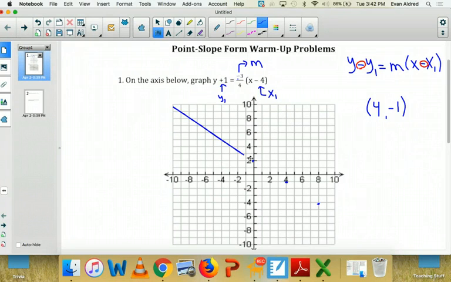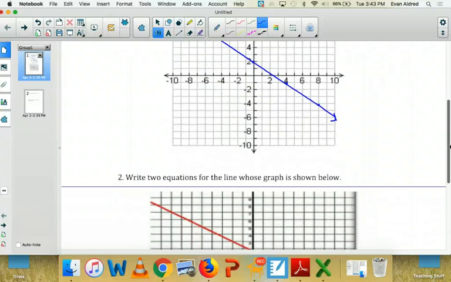We extend our line, as we've always done while graphing, and we remember to put arrowheads on the end. And just like that, we've plotted a line for y plus 1 equals negative 3/4 (x minus 4). That's all there is to it. You identify your slope, you identify the coordinates of the point that's given, remembering to switch your signs when you do so, and then you get your 3 points, connect them with your ruler, and you're done.